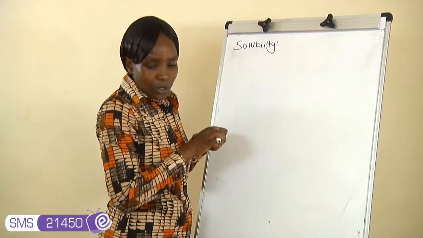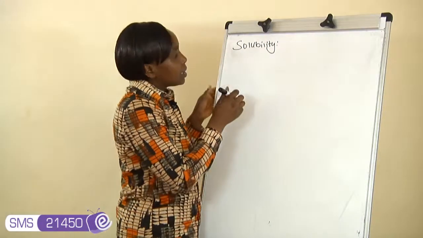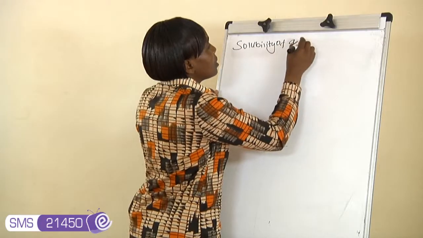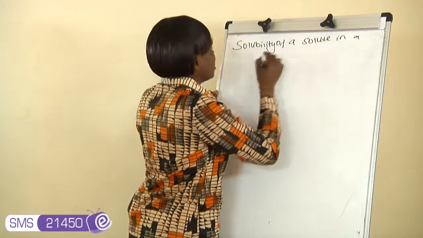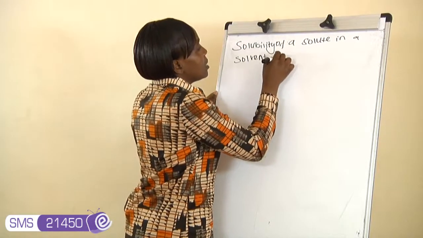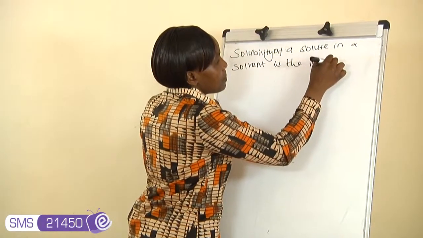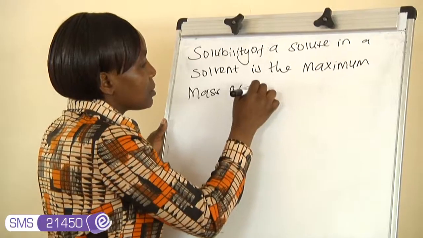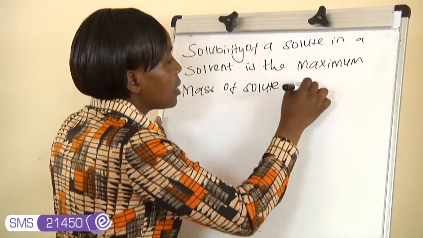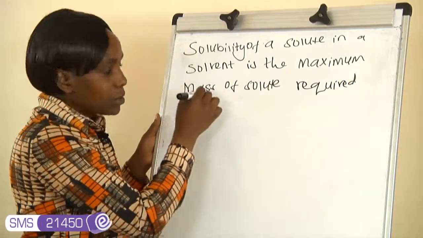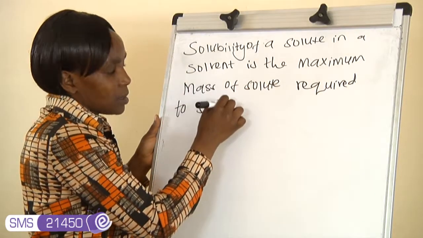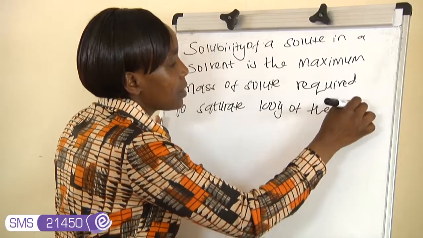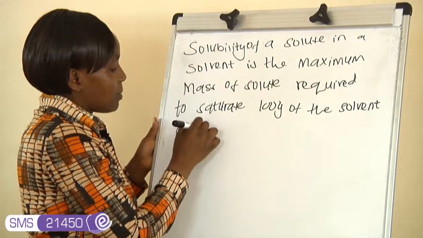Therefore, we are saying that the solubility of a solute in a solvent is the maximum mass of solute required to saturate 100 grams of a solvent at a particular temperature.